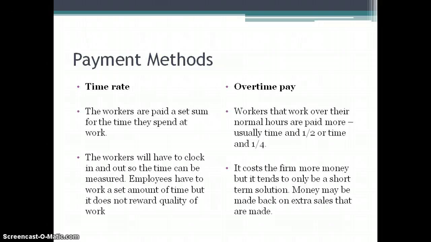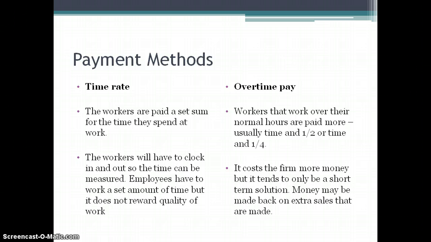As the name suggests, it's the pay you are paid for working over the time that you should be there. So if you're paid to work 16 hours a week and you work 18 hours a week, those 2 extra hours are overtime.